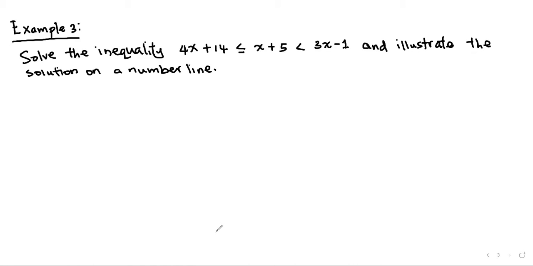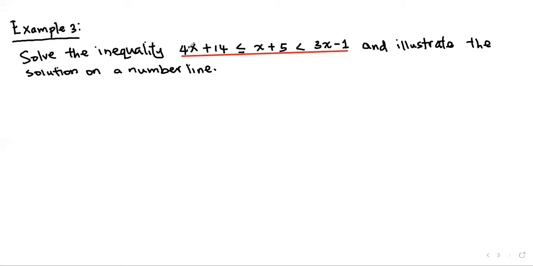Okay, now when you look at this kind of inequality that we have, it is different from the one that we had in example number 1 and number 2. So this is actually 2 in 1.